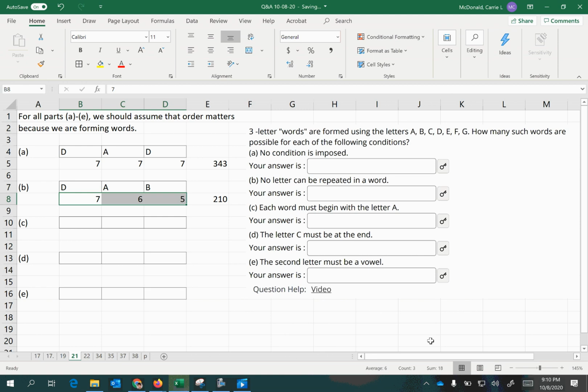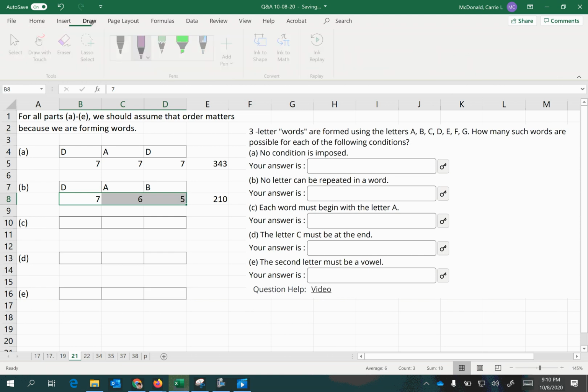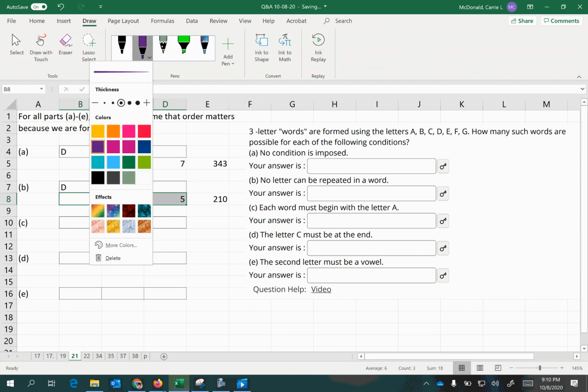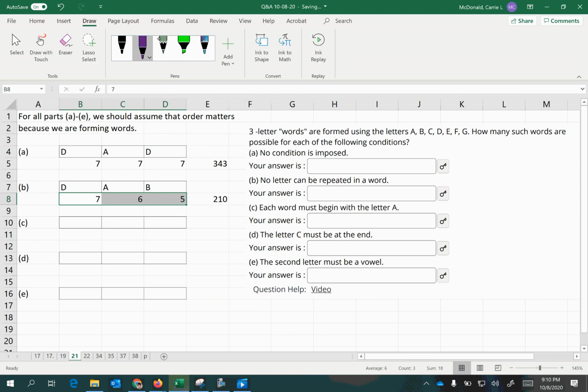The permutations formula nPr is n factorial over n minus r factorial, and the requirement is that repetitions are not allowed, in other words, selections without replacement. So for part B, the nPr formula fits the bill.